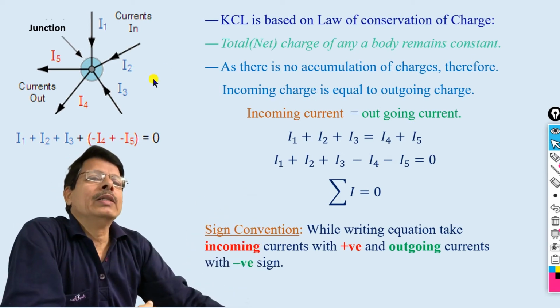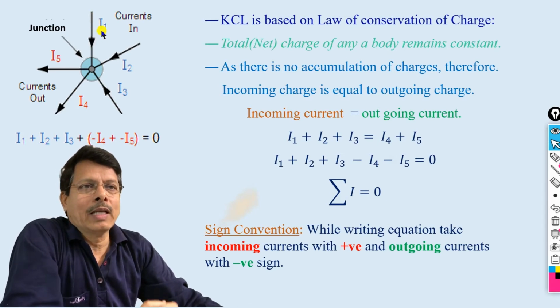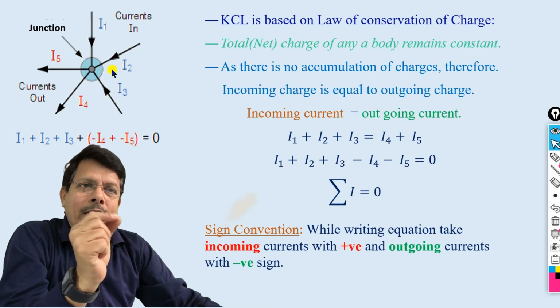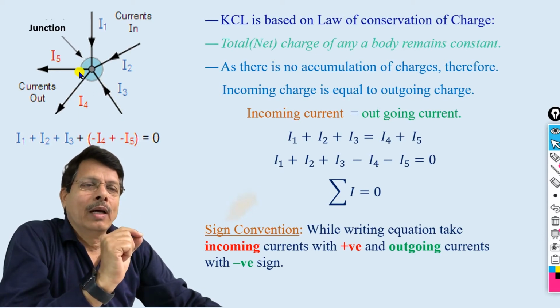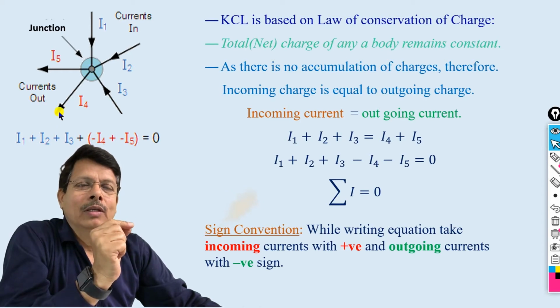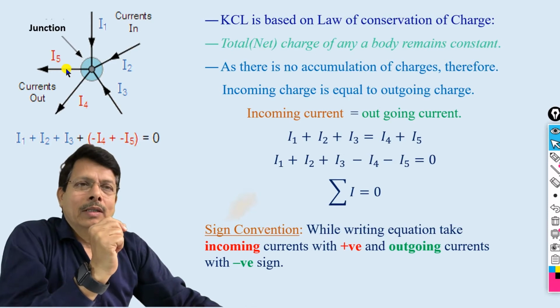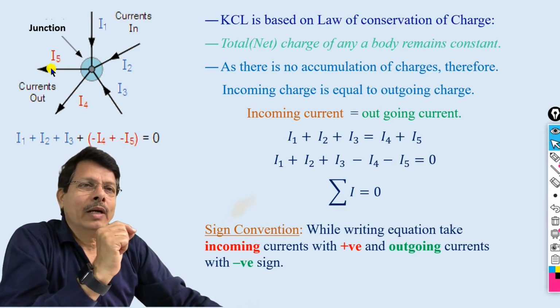In this diagram, you can see this is one conductor with current I1, the second conductor has current I2, the third conductor has current I3, and the current leaving the junction through the other conductors we have named I4 and I5.